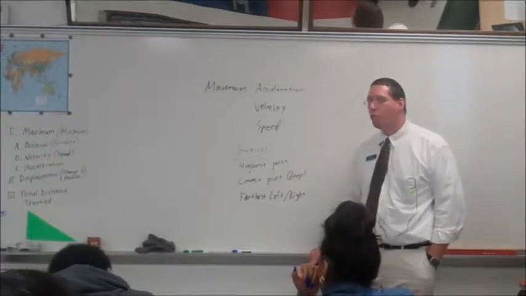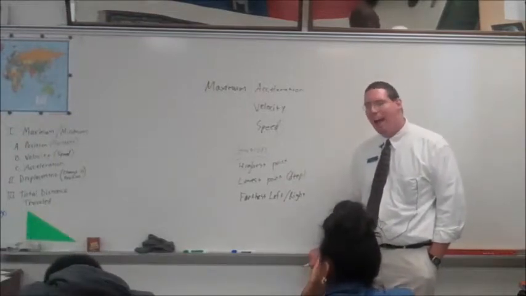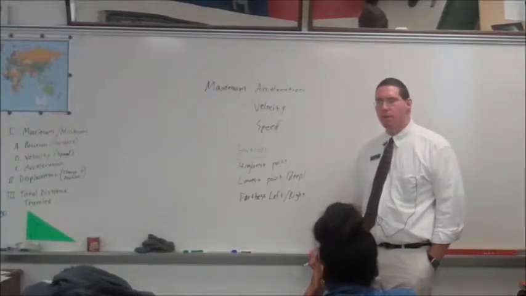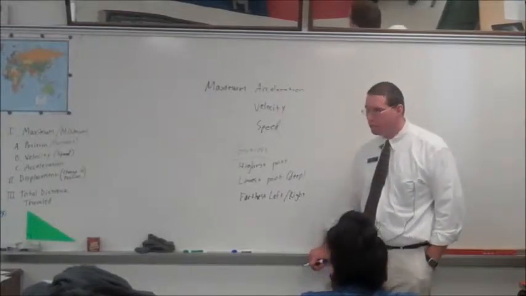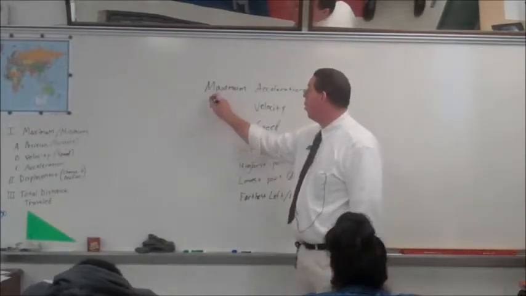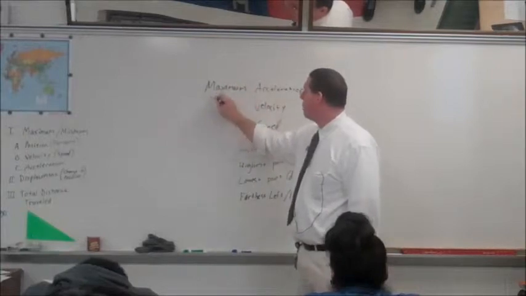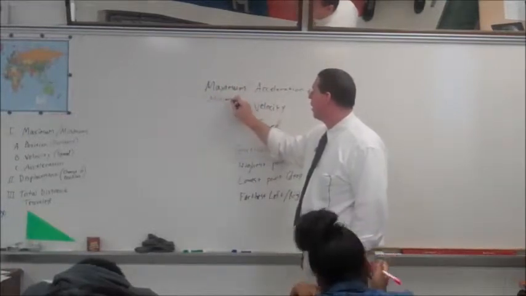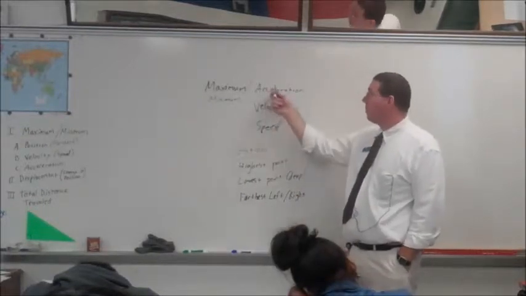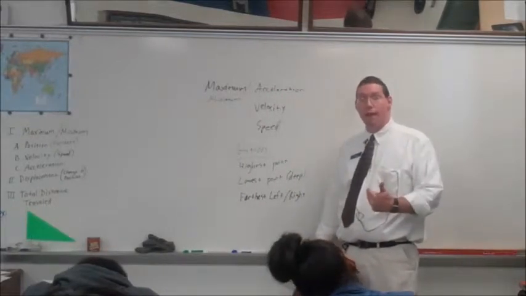How far forward did it go? How far backward did it go? All of these questions are asking about the position of the object, and they are asking about either a maximum or a minimum position. When we ask about maximum or minimum acceleration, we usually say exactly that.